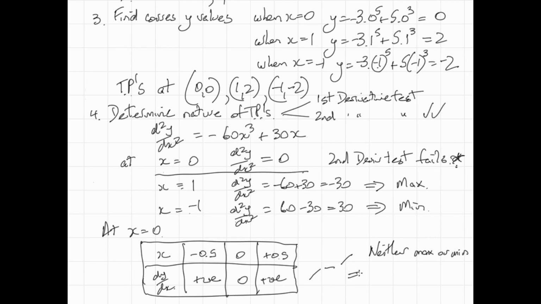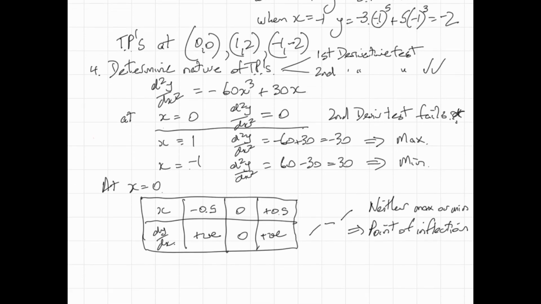In this case, and we're going to talk about this in the future, we have a point of inflection. So when the gradient doesn't change on either side of the turning point, so the gradient's positive on one side, 0, and then positive, or if it was negative, 0, negative gradient, we're stepping down, then you have what's called a point of inflection.